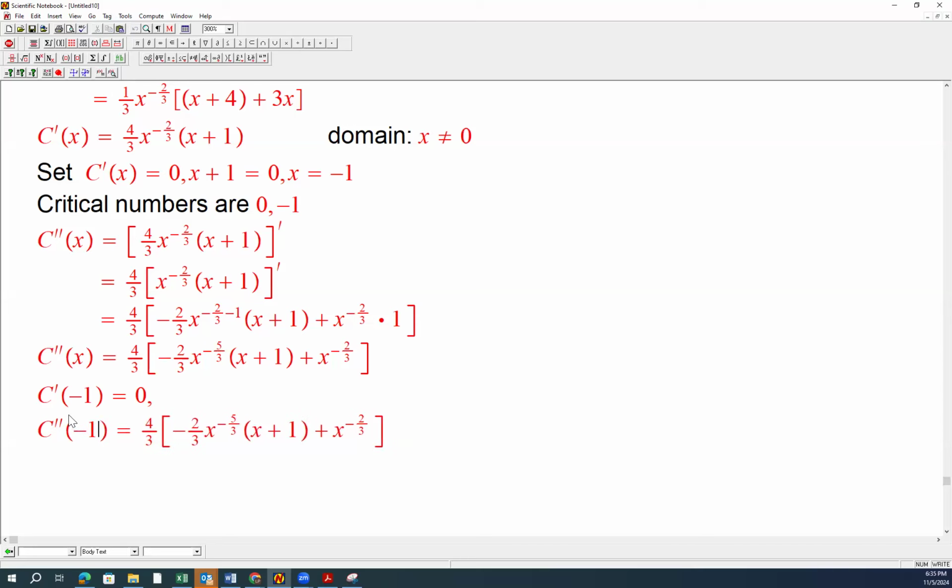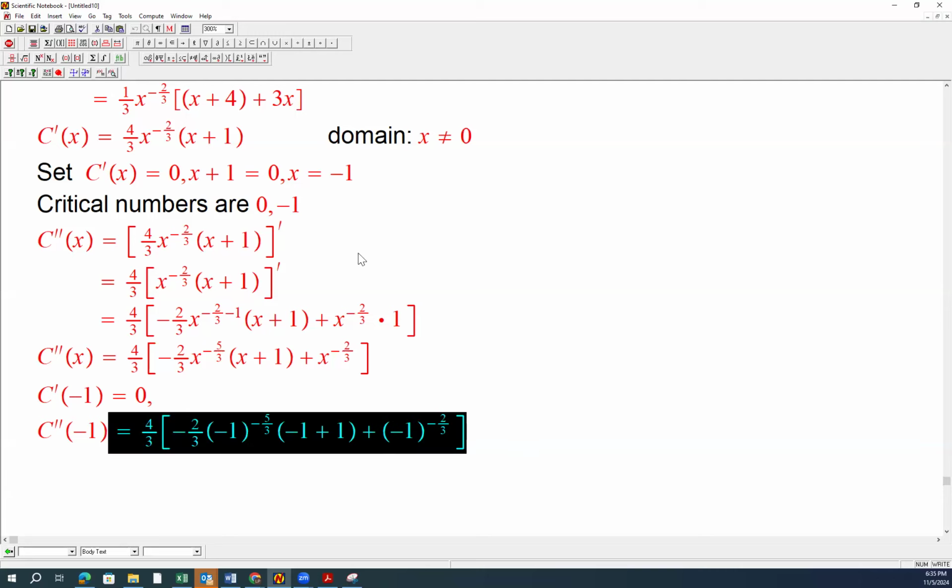At -1, we replace x by -1. This is -1, and this piece is -1. You probably already see some convenience. This piece is 0, and 0 times all of that is 0.